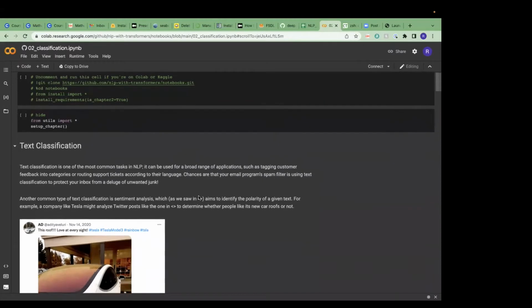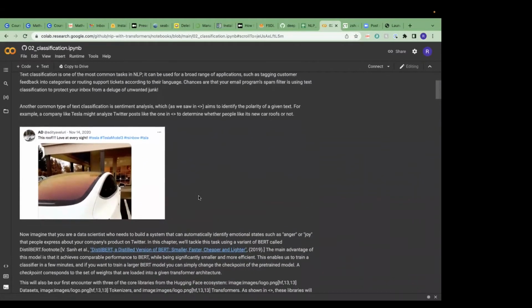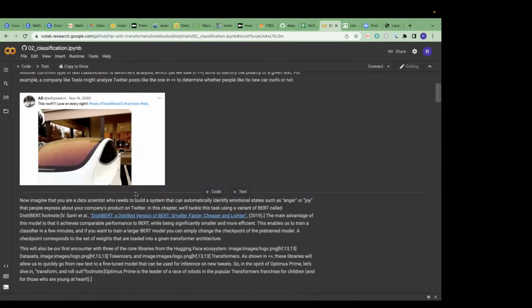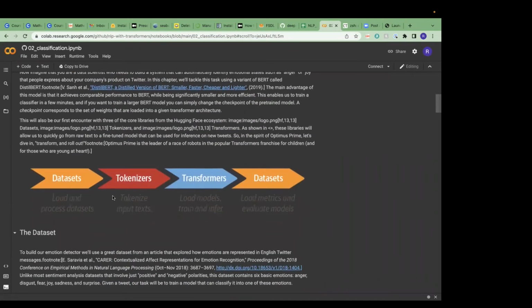The data set they're using is a Twitter data set for emotion recognition. You get a Twitter message and you have to classify whether the emotion displayed in the message is one of 6 categories, which I think is love.